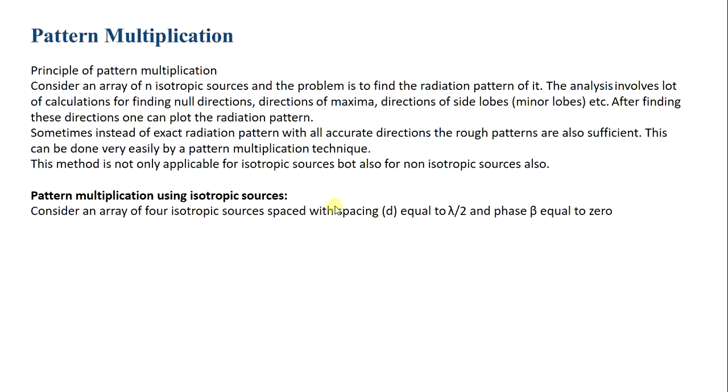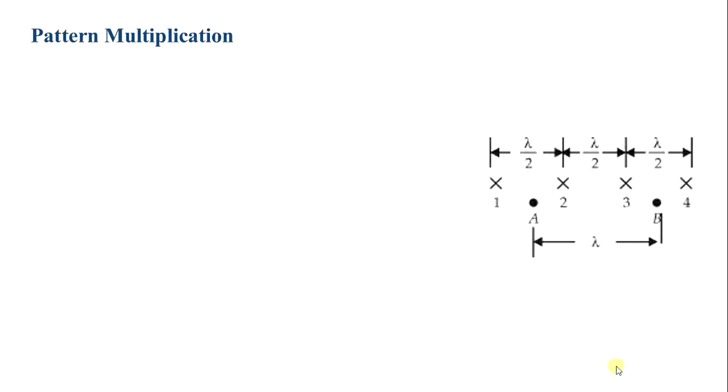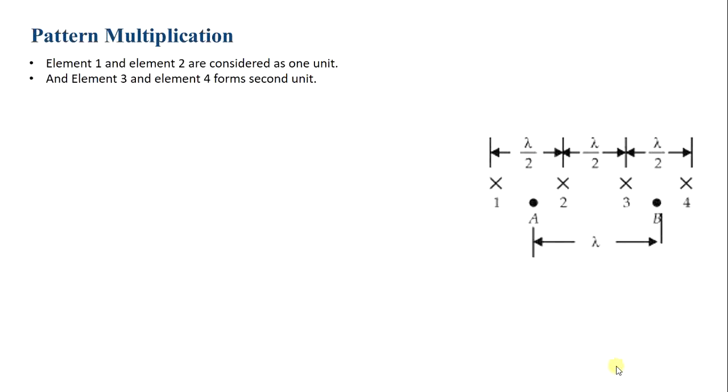For that, we will now consider 4 isotropic sources as shown in the figure, which are spaced at a distance d equal to lambda by 2 and phase beta equal to 0. We consider element 1 and element 2, as you can see in this figure, as one unit, and element 3 and element 4 as the second unit.